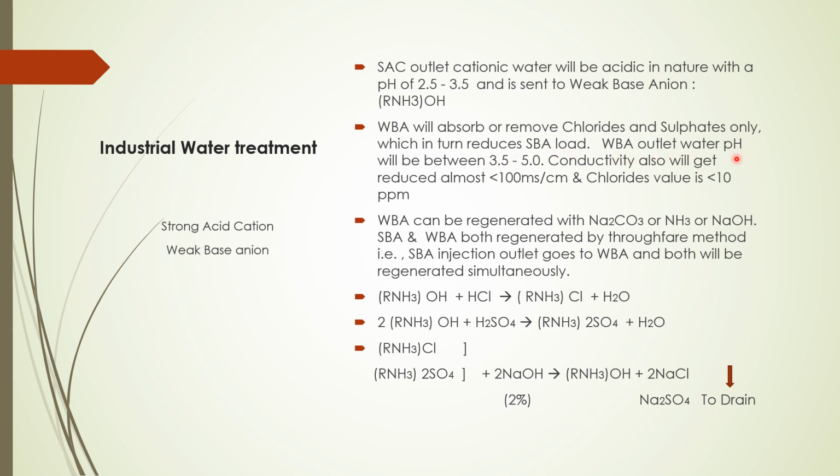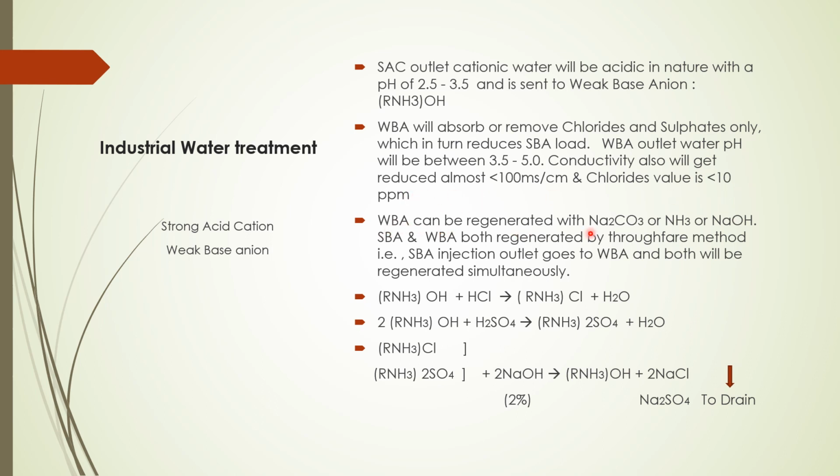WBA outlet water pH will be between 3.5 and 5, and conductivity is considerably less compared to cationic water. Conductivity will be reduced to less than 100 microsiemens per centimeter, and chloride value will also be less than 10 ppm.